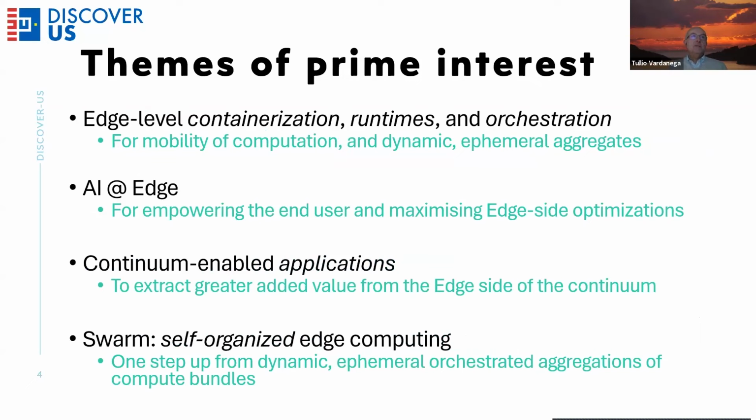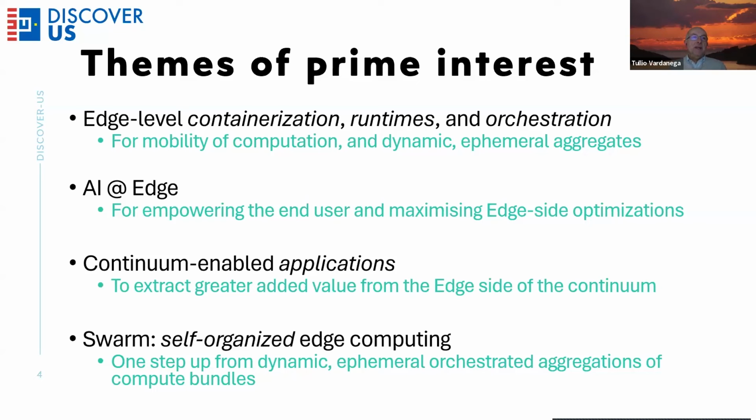Of course, the super important direction of having AI at the edge, and figuring out what would be useful value-added continuum-enabled applications, so that once you enable the continuum, we do something that is really reaping value from that.